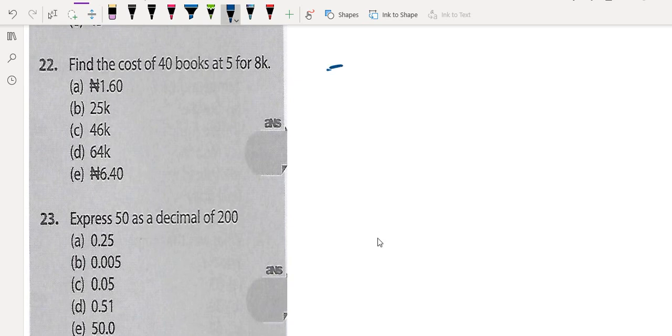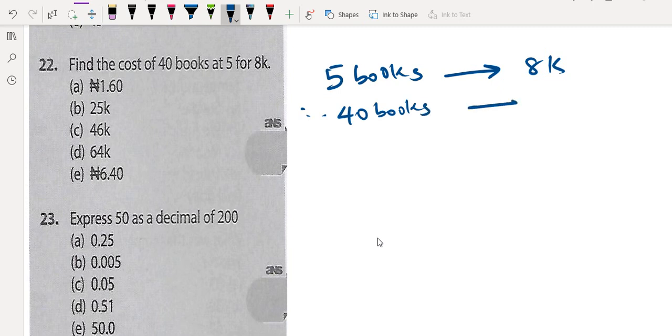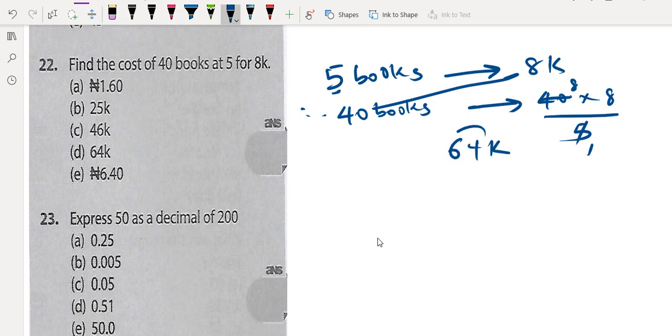Okay, so if 5 books cost 8 kobo, therefore 40 books will cost 40 times 8 over 5. This times this divided by this. 5 here, 5 here. 8 times 8, 64. Option B.